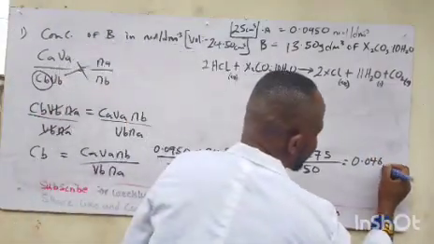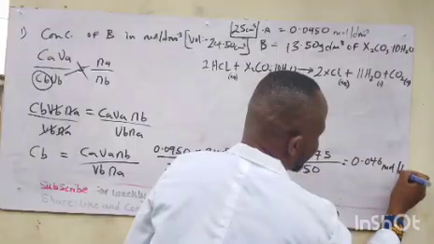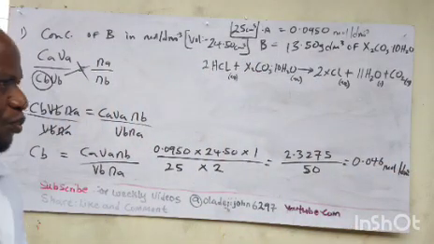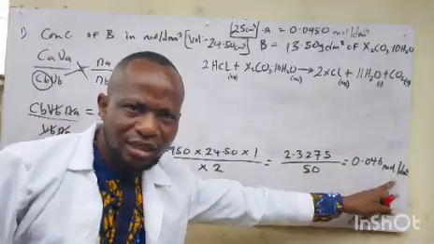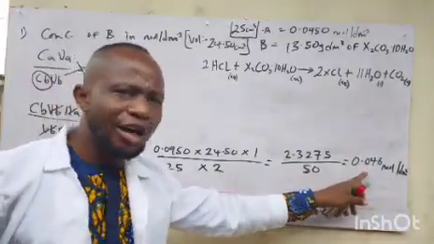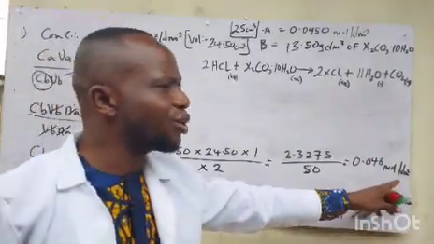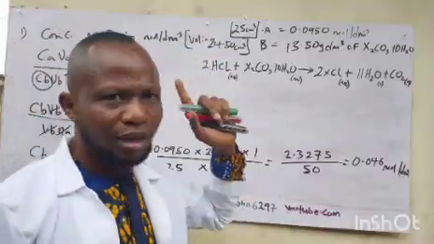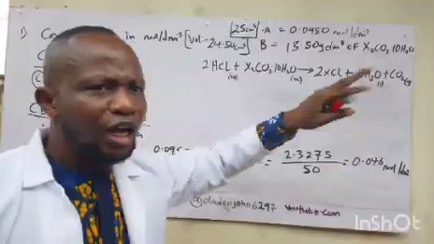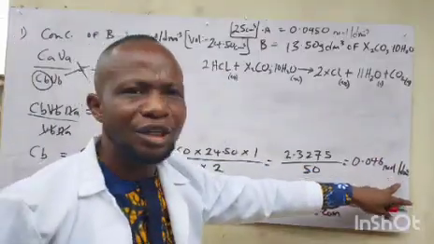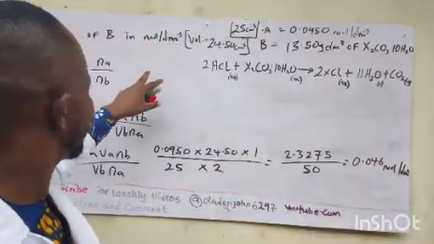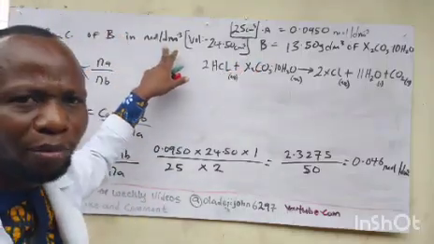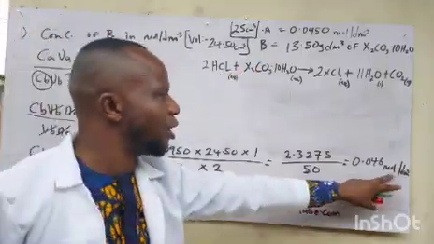Mind you, your unit is mole per dm cube. Now during marking, this unit is very important. If you have a correct value but a wrong unit, then it is very dangerous. If you miss it out, you lose a mark for that. It is better if you don't remember the unit, but the title of the question has saved you that you are working under mole per dm cube, so you may not bother to put it.